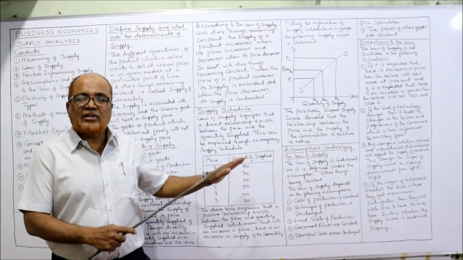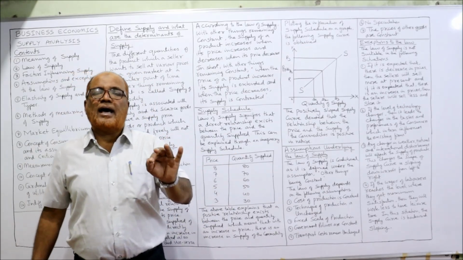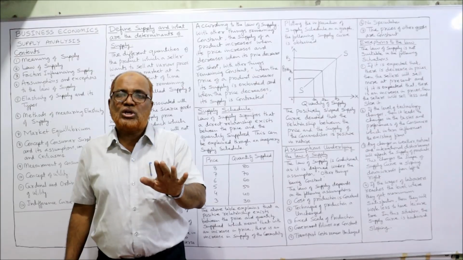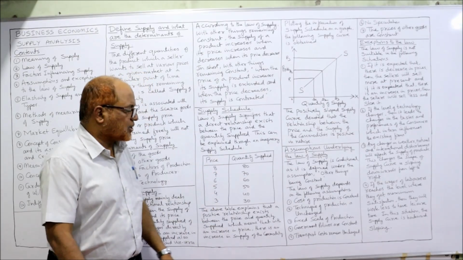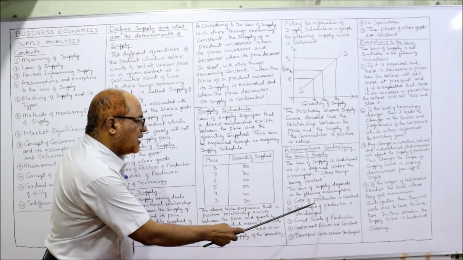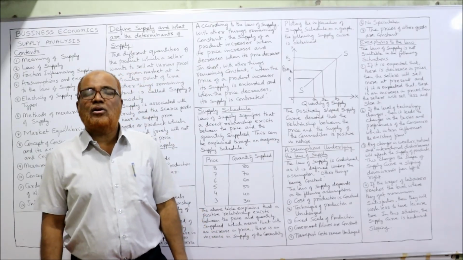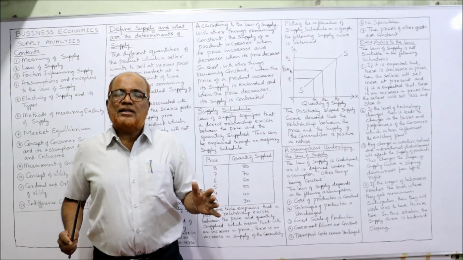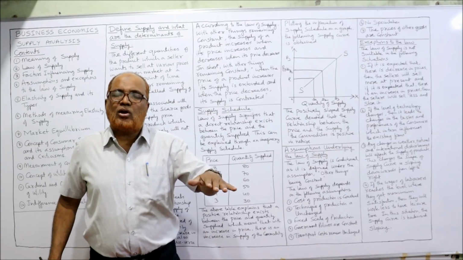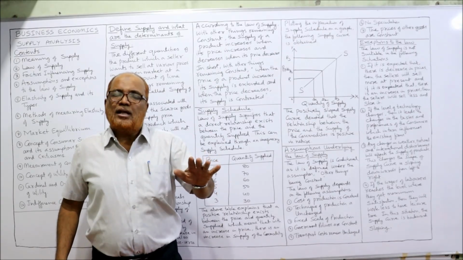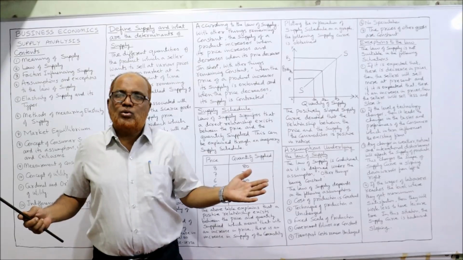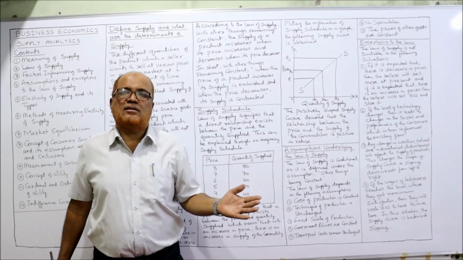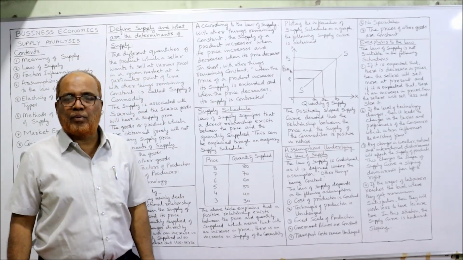So here, for the law to be correct, we should assume there is no change in the cost of production. Secondly, the technique of production is unchanged. Technology. We have to assume that the technique of production or technological changes are not there. The same technology we are using from beginning till end, then only the law of supply will prove.